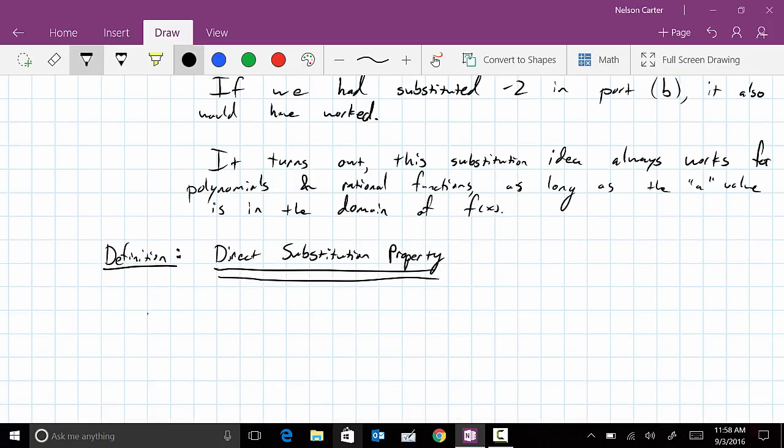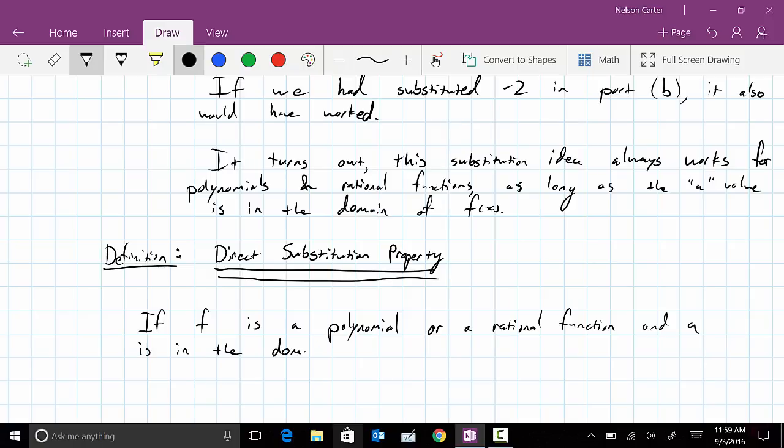Here's what it says: if f is a polynomial or a rational function, and a is in the domain of f, which, remember, will always be the case for a polynomial, and remember, we're talking about a being a real number.